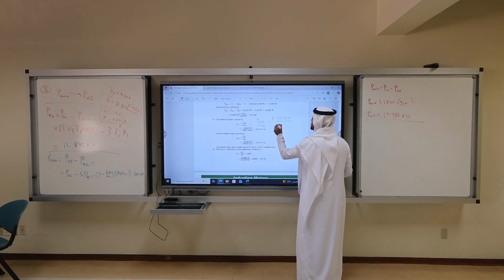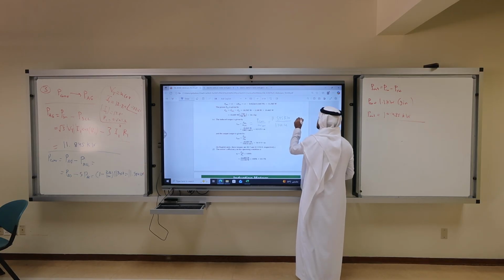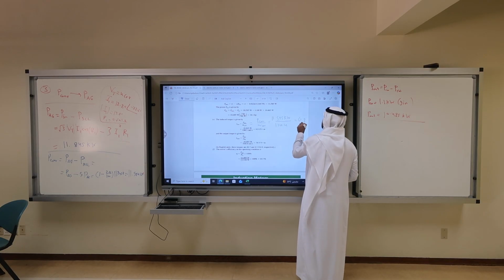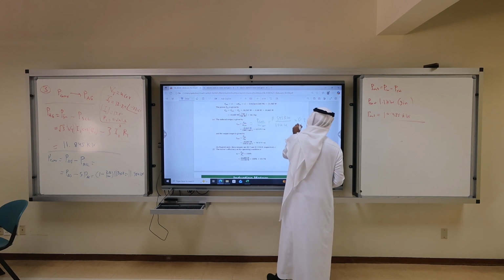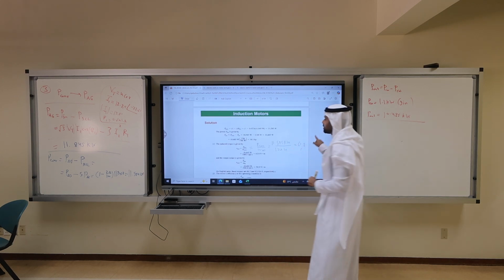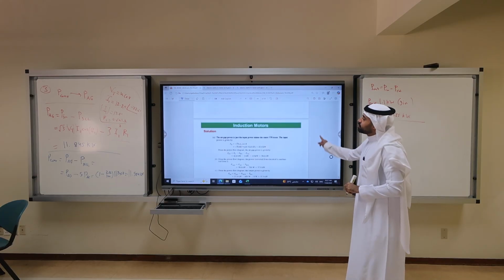Yes. So it should be 62.8 Newton meter. From where? From this chart.